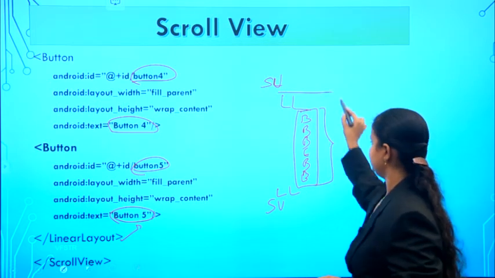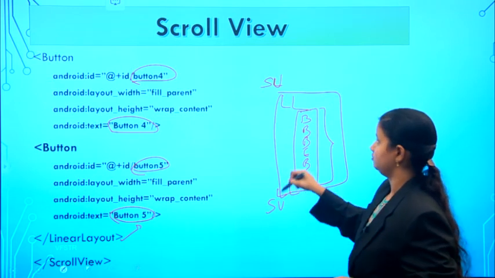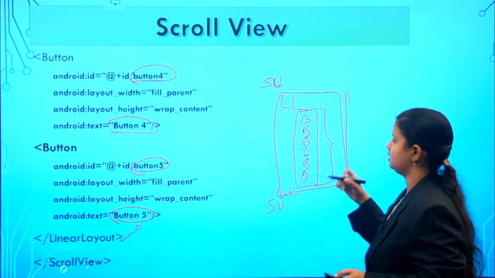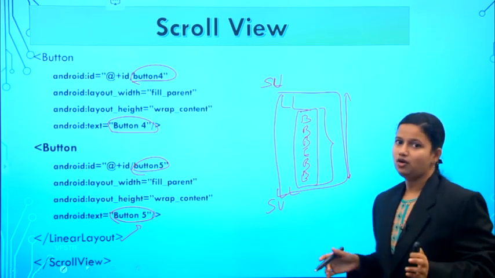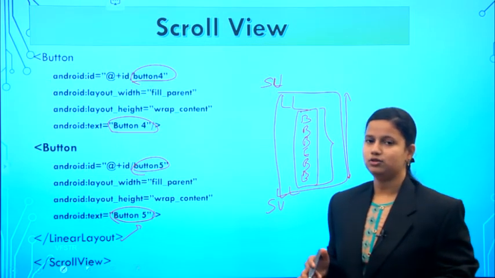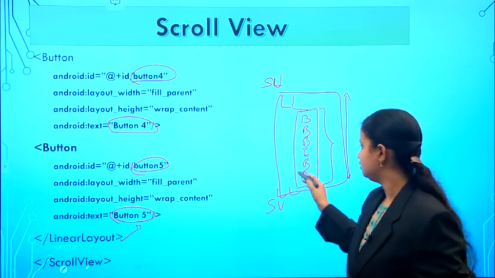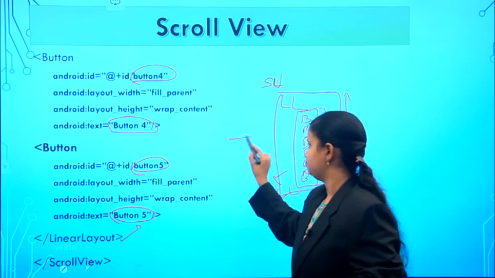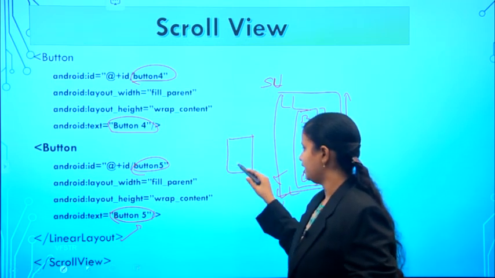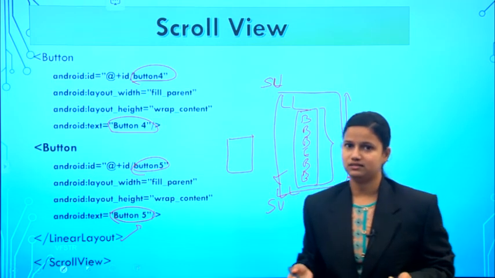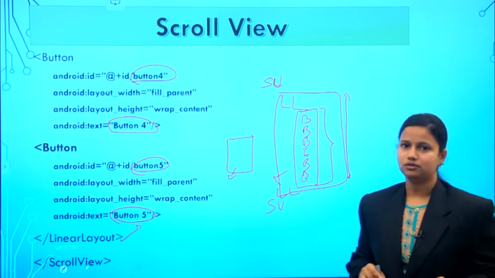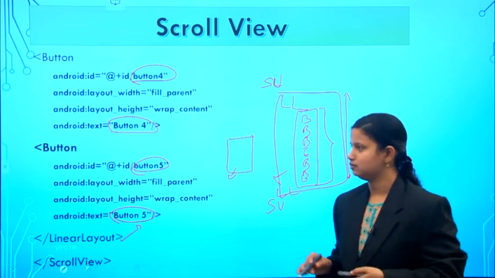To all these we are applying a scroll view, to display the extra content which is hidden by the activity. Your activity space is only this, but I want to add more space than the physical appearance, so we are using the concept of scroll view.